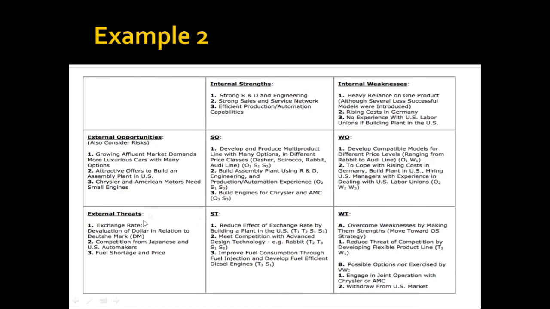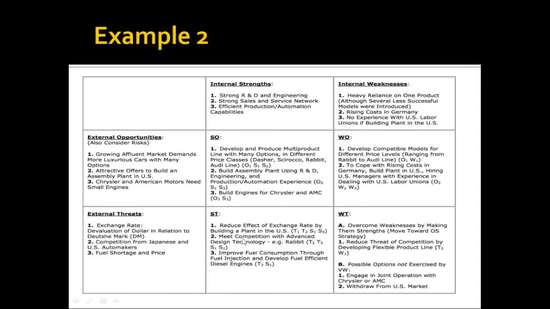And then the same is true with the others. Strong R&D and engineering, and exchange rate: reduce the effect of the exchange rate by building a plant in the US. Competition from Japanese automakers: meet competition with advanced design technology, and because we also have strong sales and service.